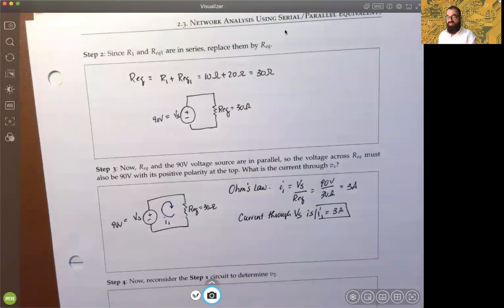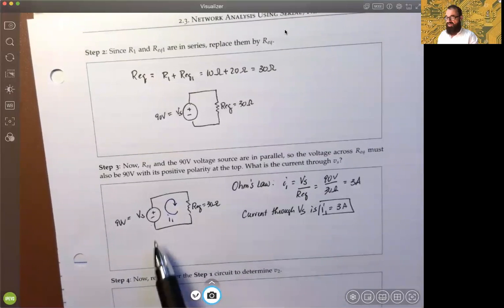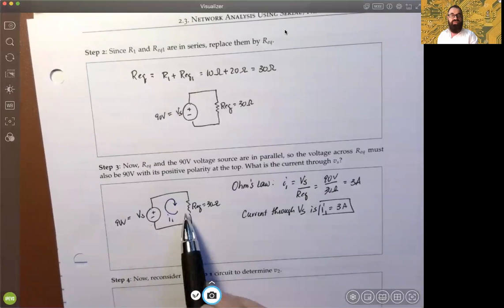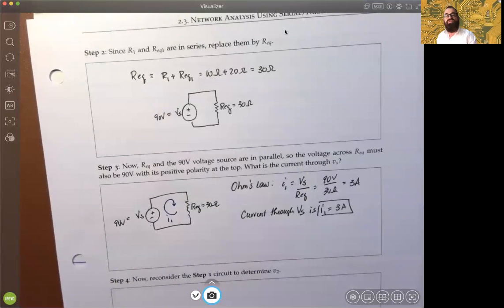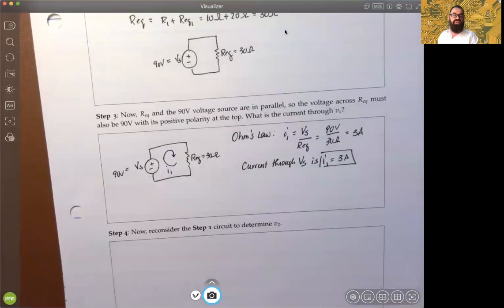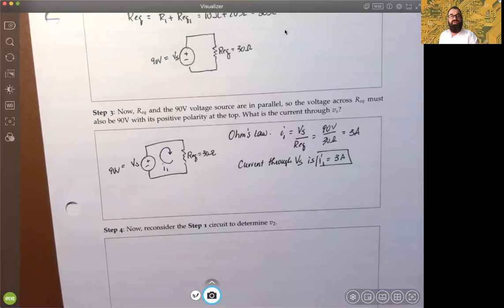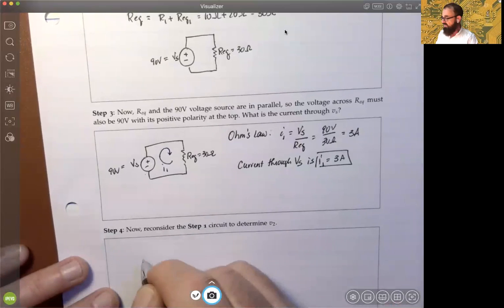We have to expand this equivalence back out to where we came from, knowing that we now know what the current through this equivalent resistance and the current through that voltage source are, right? So we go back and reconsider step 1 in the circuit to determine the voltage. We're going to determine the voltage across REQ1, right? So let's go back to step 1, right?